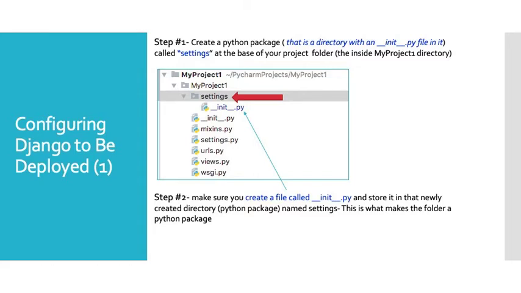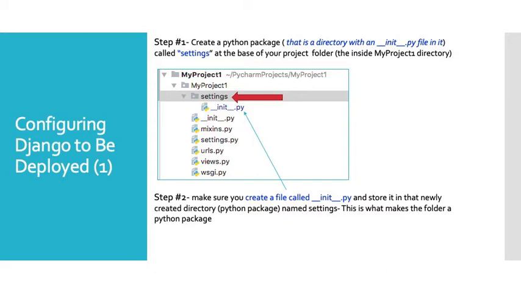It's a special type of object called a dunder because it has 2 underscores on either side of that file name. That file goes inside the settings folder, or now the settings package, right? Because when we put it there, it turns the directory into a Python package.